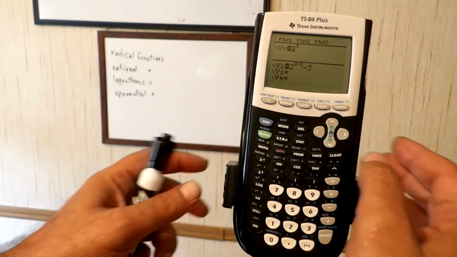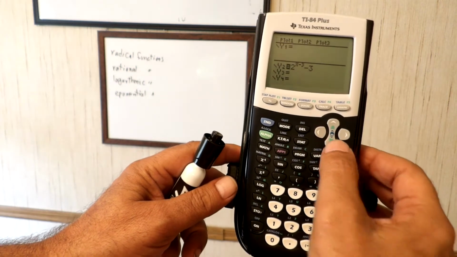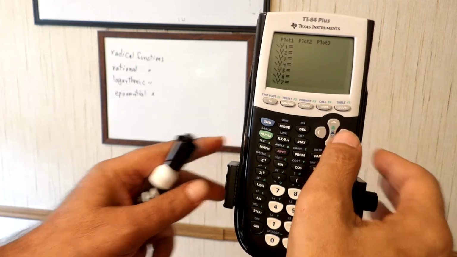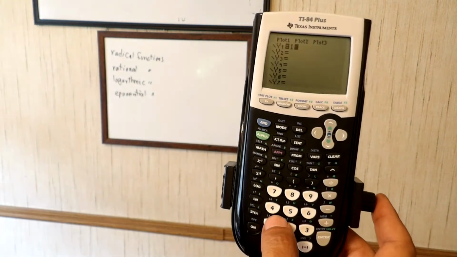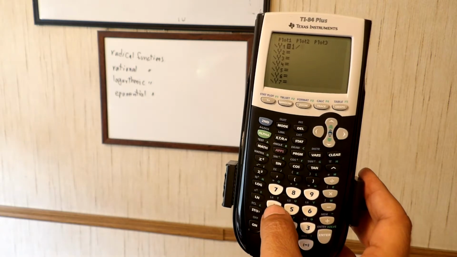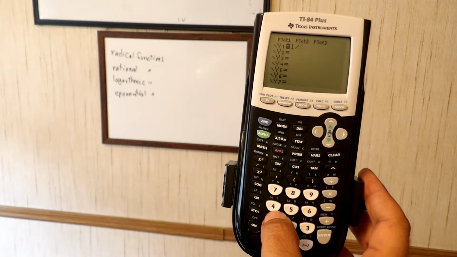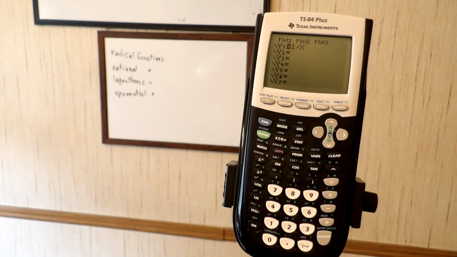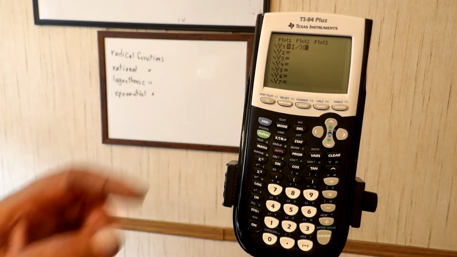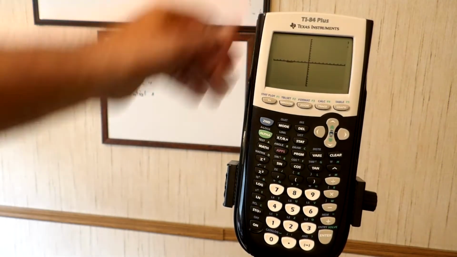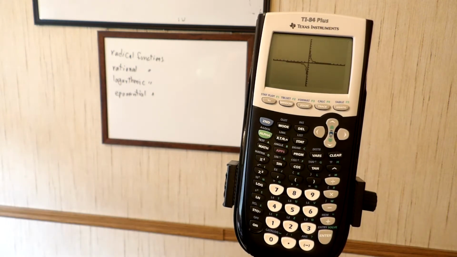You clear this and you write the function, for example 1 over x, a rational function. First of all, let's talk about the rational function, 1 over x. If you push graph, it's going to graph this for you.